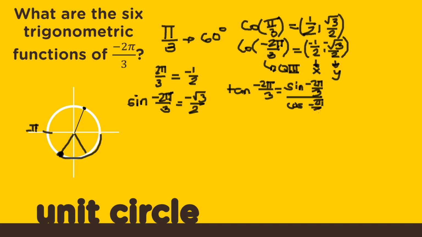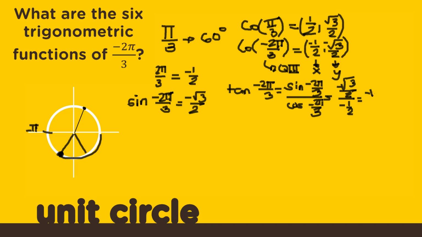So we simply take their ratio in order for us to solve for the tangent. We have the sine, which is negative square root of 3 over 2, over our cosine, which is negative 1/2. We are dividing two fractions, so we're going to use here the keep, change, flip method.